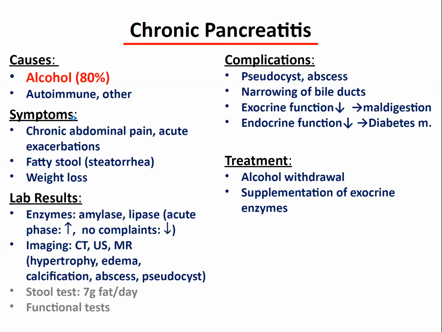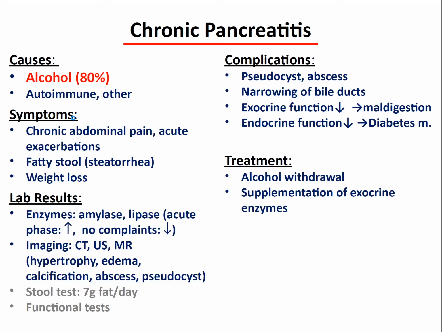So in the lab, the enzymes such as amylase and lipase increase in the blood in the acute phase. However, when we do not have any acute exacerbation of the pancreatitis, usually the enzyme level is lower than normal.